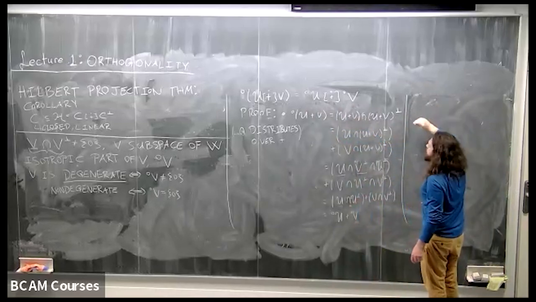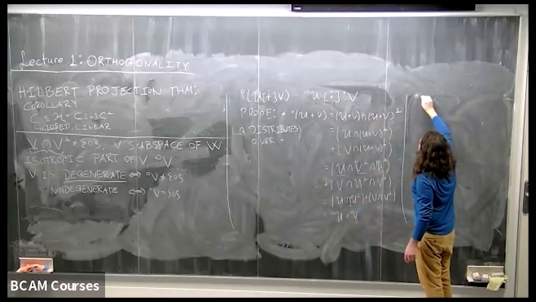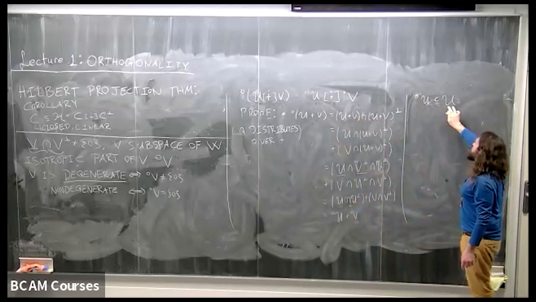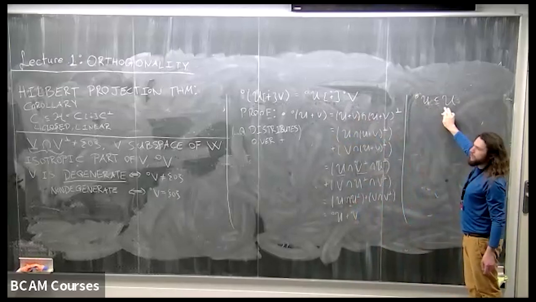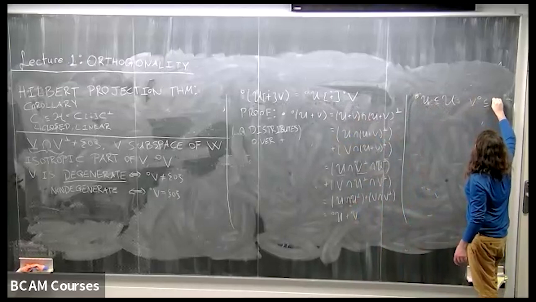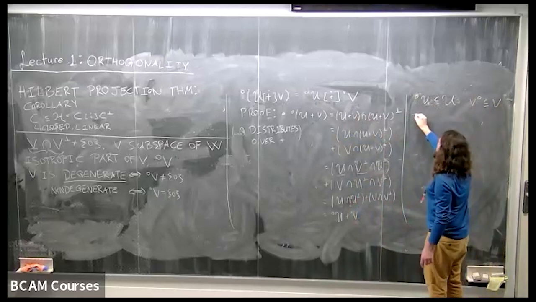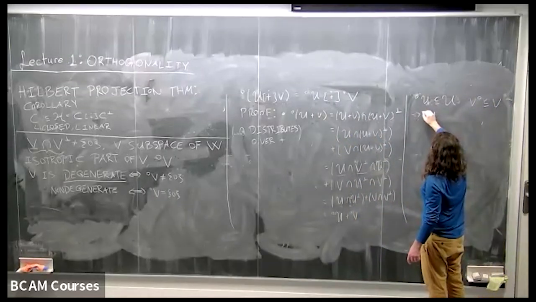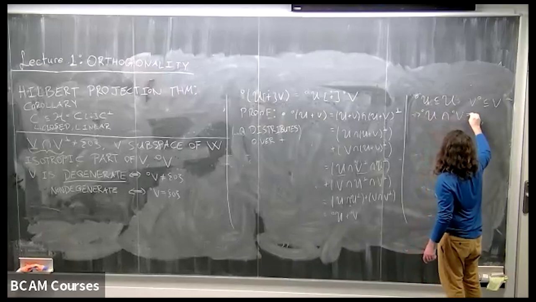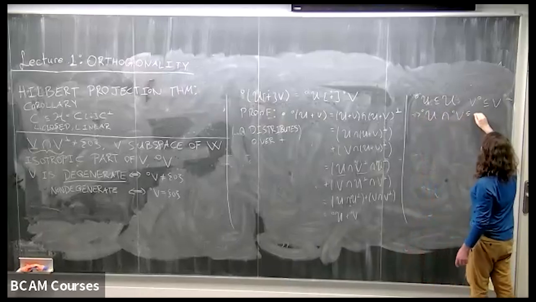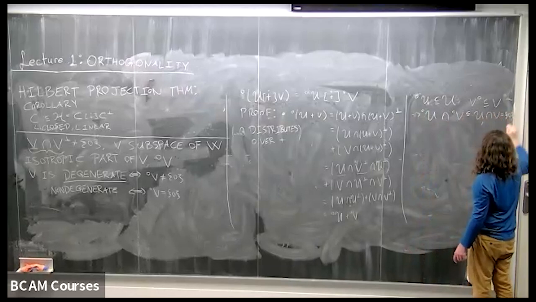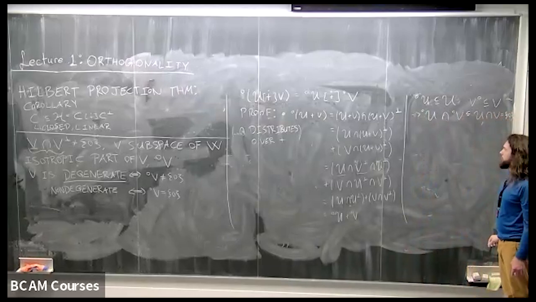And that's pretty straightforward because we know that by definition, the isotropic part of U is a subset, and we know that the isotropic part of V is a subset. Therefore, their intersection is a subset of the intersection of U and V, which is just the zero vector by supposition. So we get that for free.